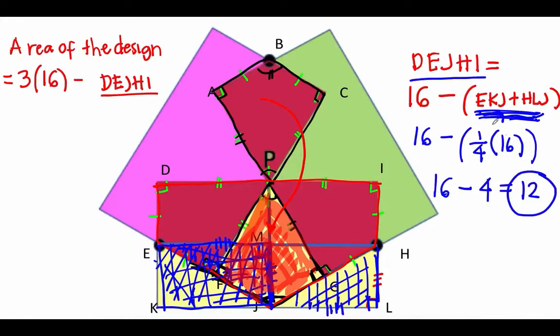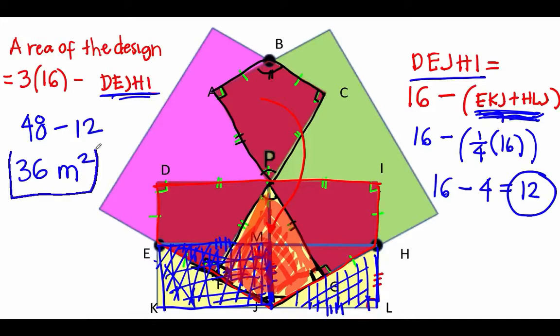This 12 square meters is now the area of polygon DEJHI, which is this polygon. So what we have therefore here is the area of the design that we are after is equal to 3 times 16, which is 48, minus this area, which is 12, and 48 minus 12 is equal to 36, and the unit is meter squared.